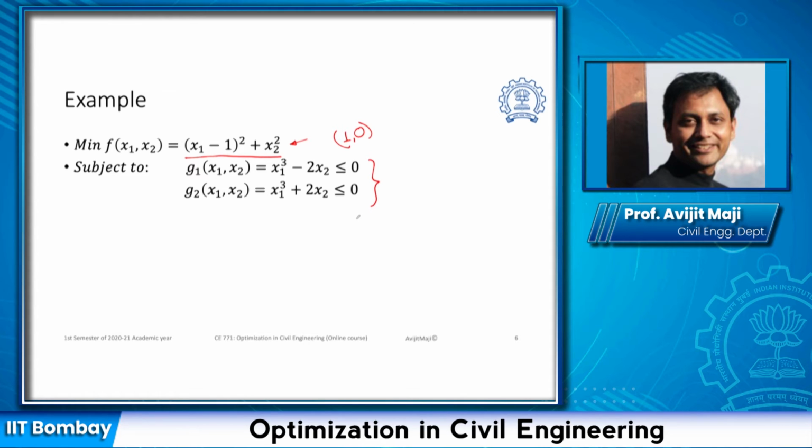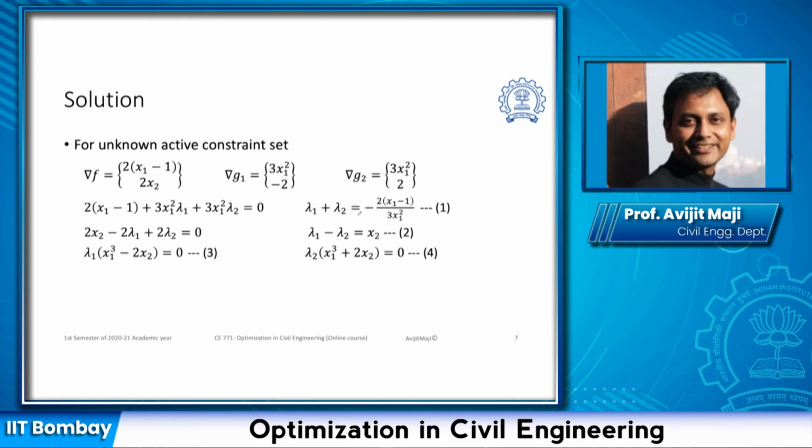So to solve this problem, first of all we need to go through the process of the Kuhn-Tucker conditions. As I said, for an unknown active constraint set, we need to first find the set of equations which we have in hand. For that we need to derive the partial derivative of the Lagrange function with respect to the design variables, or decision variables.